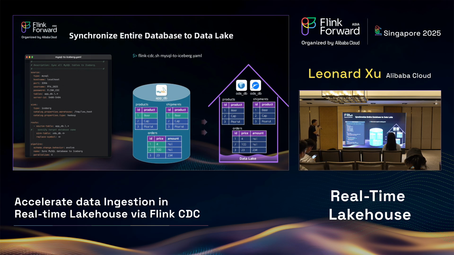And you will find that in the source part, we support regular expressions in the table option. That means we can match all tables under this application database. And for the sink, we support Iceberg, Paimon, Doris, StarRocks, and so on.